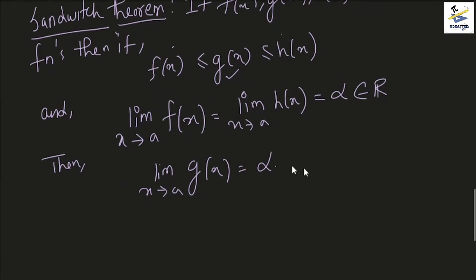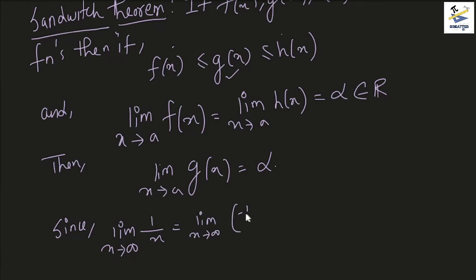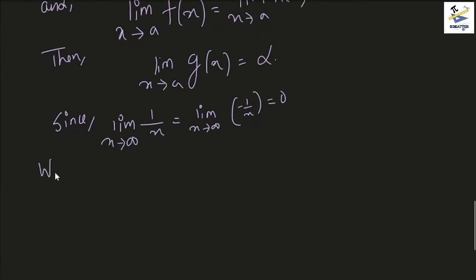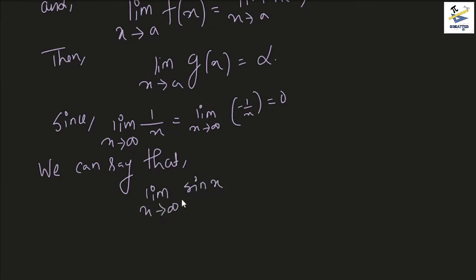So using this we can see that since the limit equals 0, we can say that the limit as x tends to infinity of sin x upon x must also be 0, since -1/x is less than or equal to sin x / x is less than or equal to 1/x.